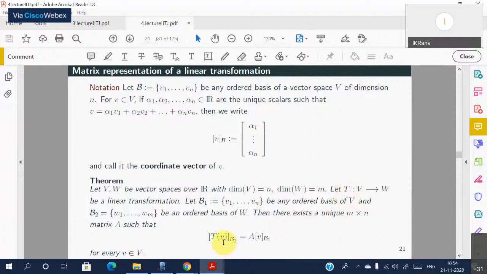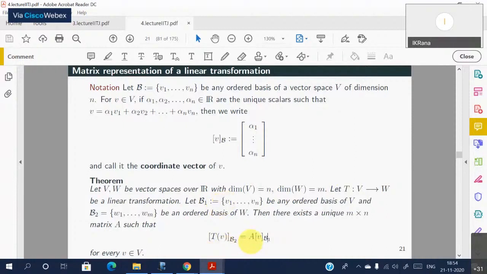Say that if you take a vector v in V, take its image, the image will be T of v, which is in W, and there I have got the basis B2. So I can write down the coordinates of the vector T(v), the image. And it says that the coordinates of the image vector are the same as A multiplied with the coordinates of the vector you started with, that is v, with respect to B1.